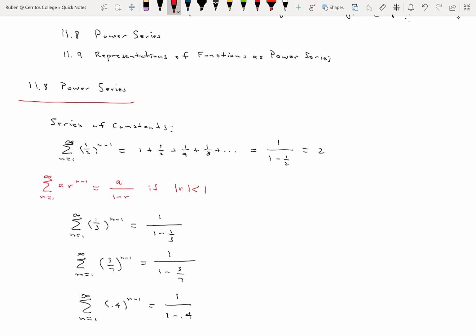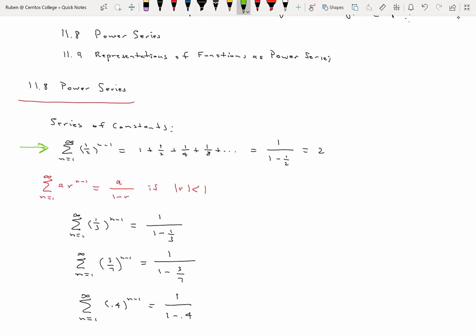An example of a series of constants is the first series that you see listed on your screen, the sum of (1/2) to the n minus 1. I think this is the first series we ever talked about in the course, way back in section 11.2.